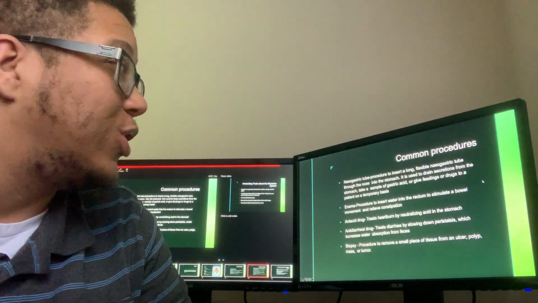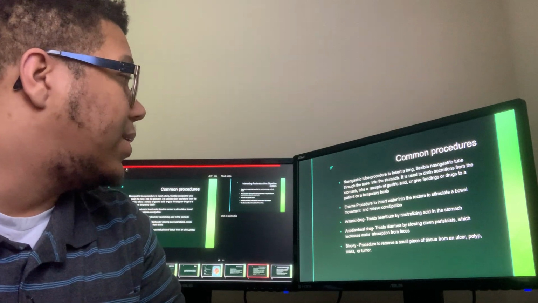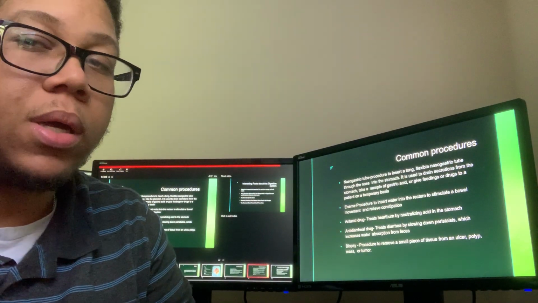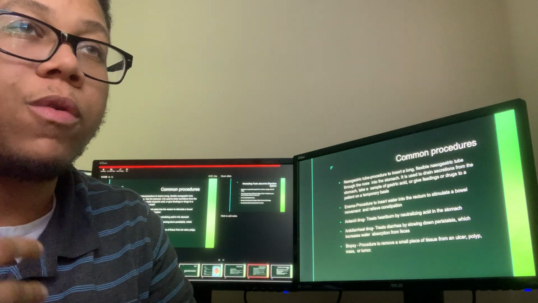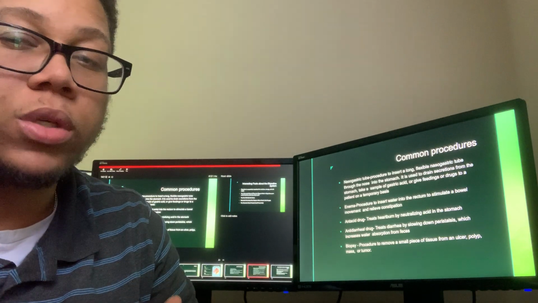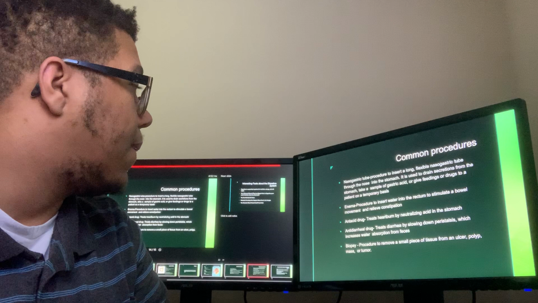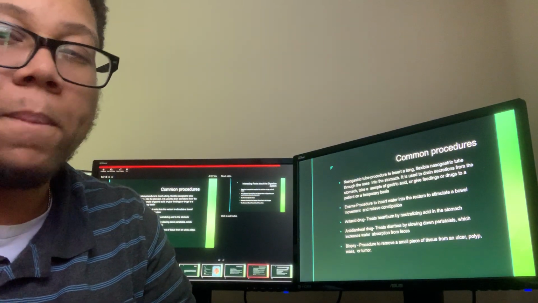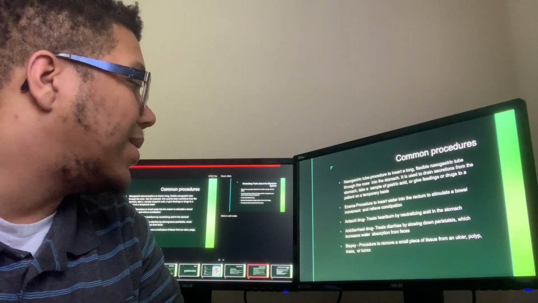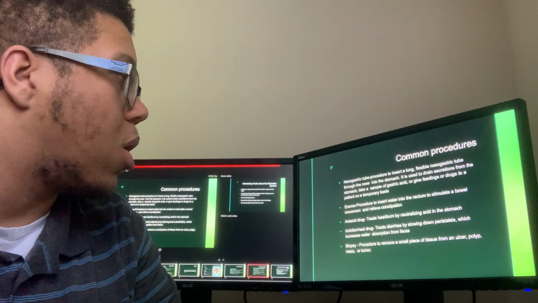Common procedures that usually happen include the nasogastric tube. That's basically a feeding tube. They put it in through the nose, so they can feed you if you're unconscious and stuff like that. Basically, they also use it if they have to drain anything or pump your stomach. Antacid drugs are basically for heartburn.